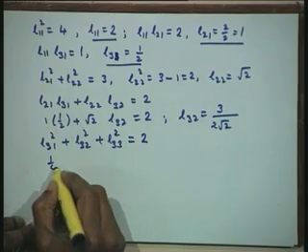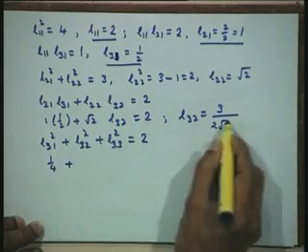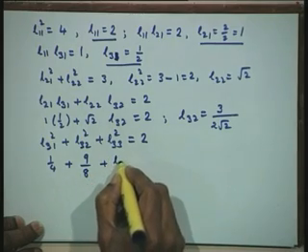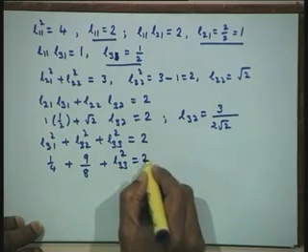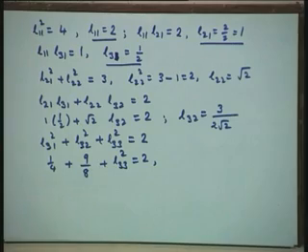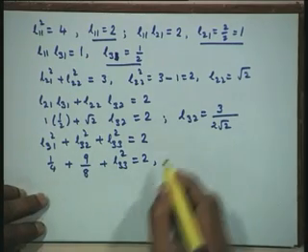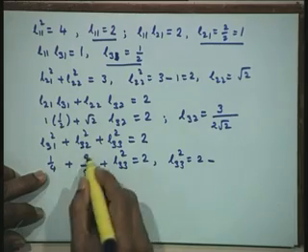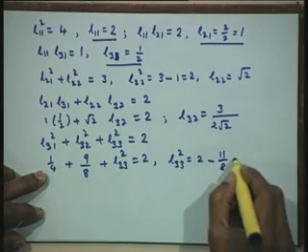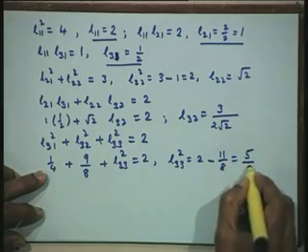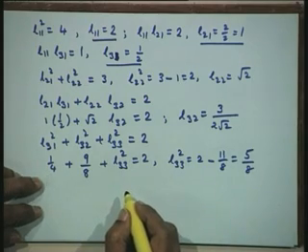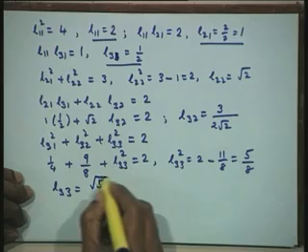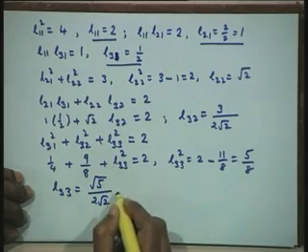L31 square is 1 by 4, L32 square is 9 by 4 into 2, that is 9 by 8, plus L33 square is equal to 2. So let us take this to the right hand side. We will have this as 2 minus 11 by 8, that is 5 by 8. Therefore we have L33 is root 5 by 2 root 2.